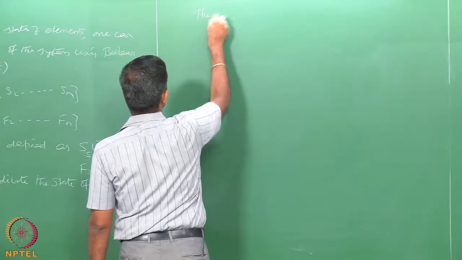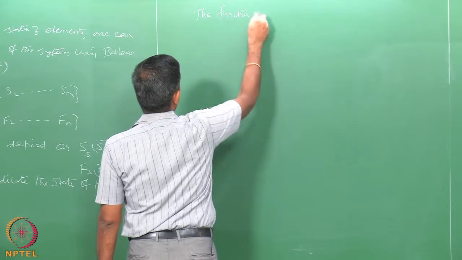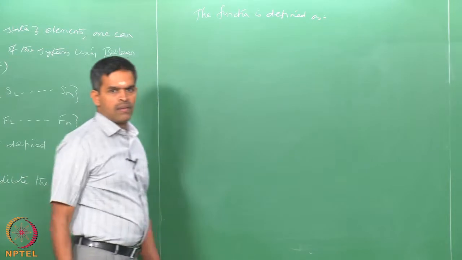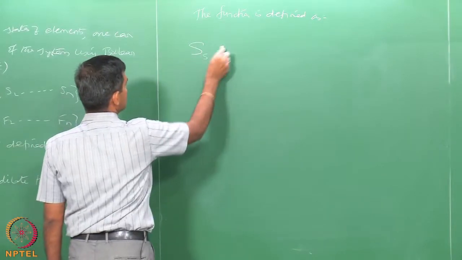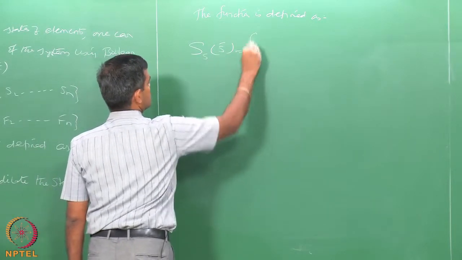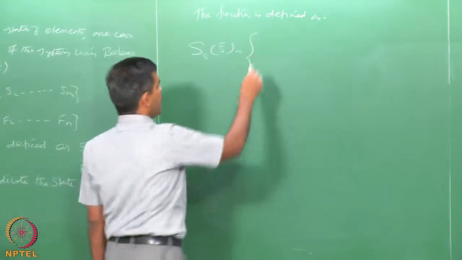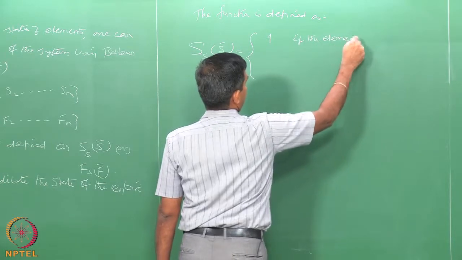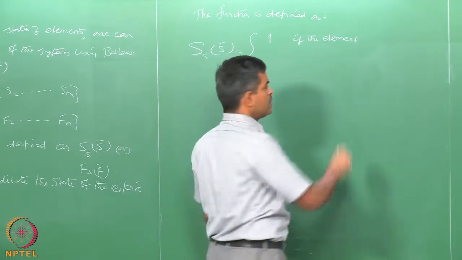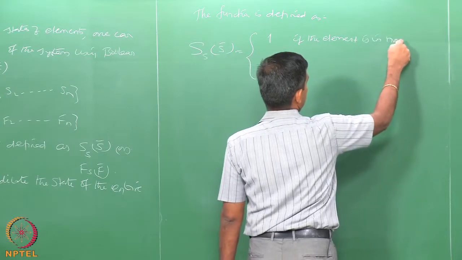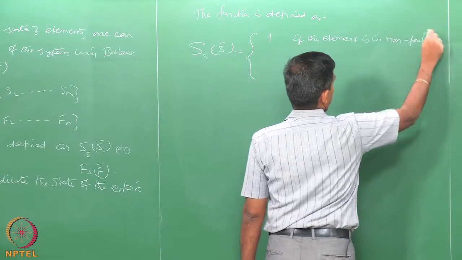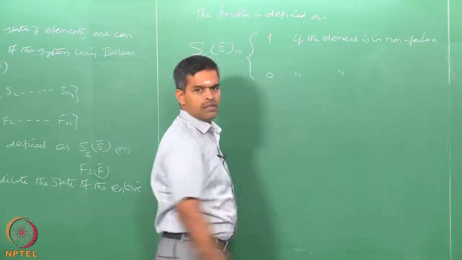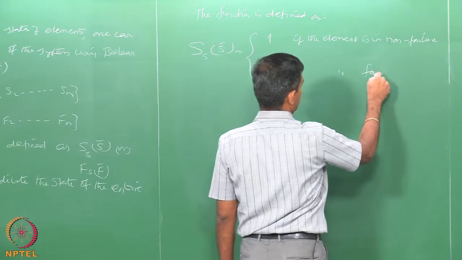Now, the function is defined as Ss(S bar) is 1 if the element is in non-failure state, it is 0 if the element is in failure state.